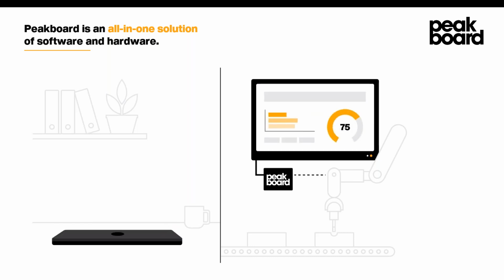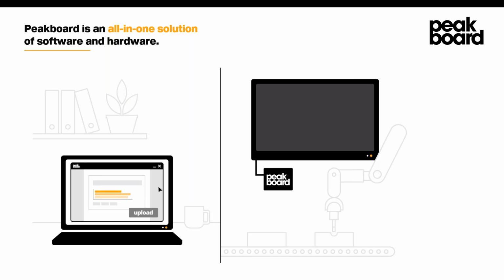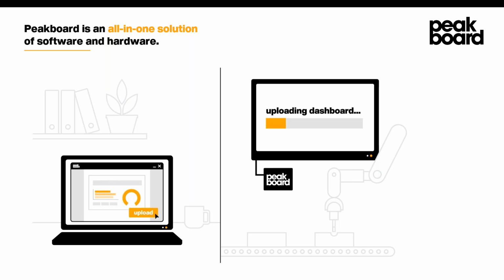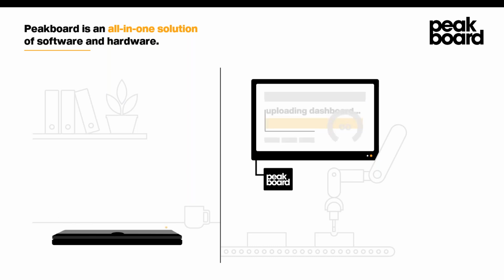The next step is that you upload your Peakboard project with the full logic and connectivity, which we also show you later in this webinar, to our hardware, the Peakboard box, which is a single board computer connected to a standard screen or touch screen. Communication is via Ethernet or Wi-Fi.